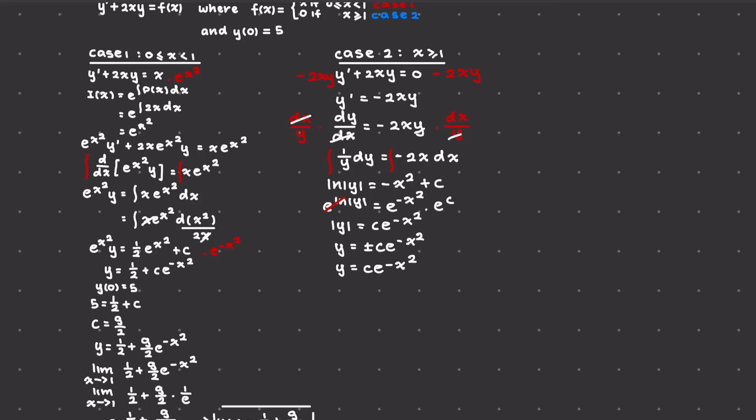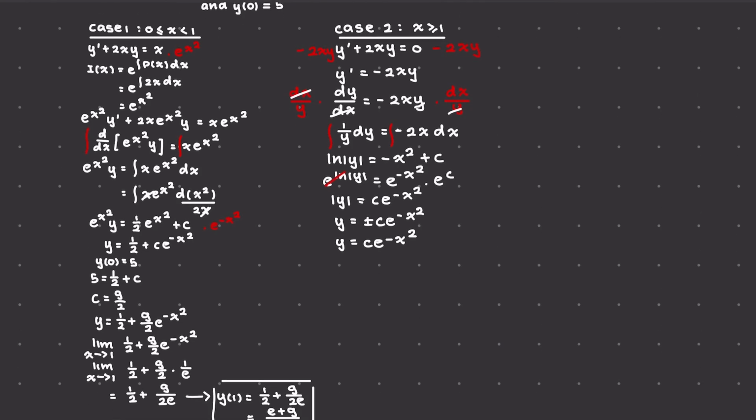And now, solving for c, we're going to use the initial condition here that we just found, which is y(1) equals to e plus 9 over 2e. And so plugging in the values for y's and x's here, for the y we have e plus 9 over 2e equals to c e to the negative x squared is just negative 1.